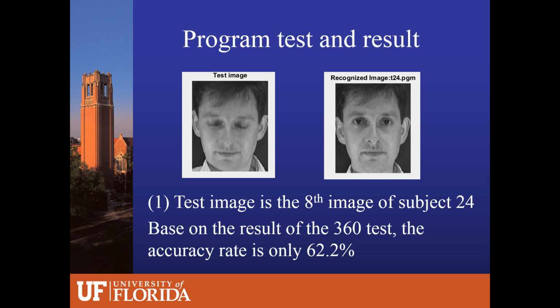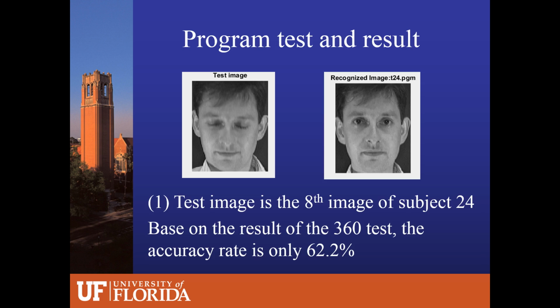But a single test is usually not so convincing, so I do a whole test. That's why I wrote that automatic program. Since the AT&T face database has 40 subjects, and each subject has 10 photos, I chose all the other 360 photos as the testing images, except those 40 training images.